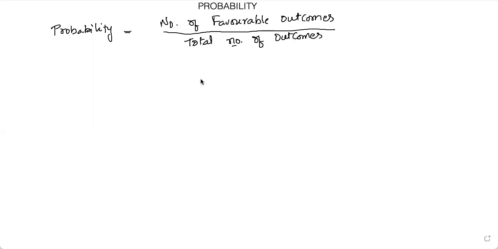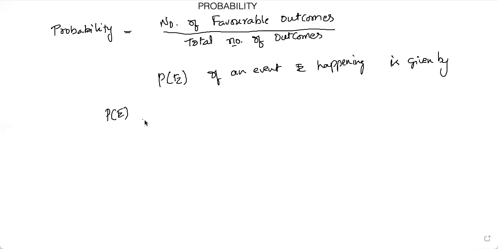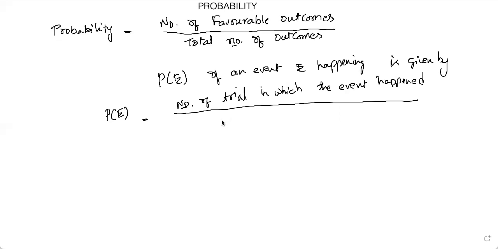So empirical probability, that is P of E, of an event E happening, is given by P of E is equal to the number of trials in which the event happened or occurred by the total number of trials.